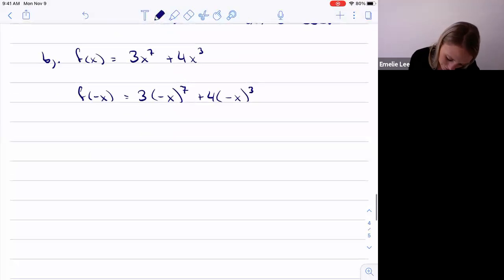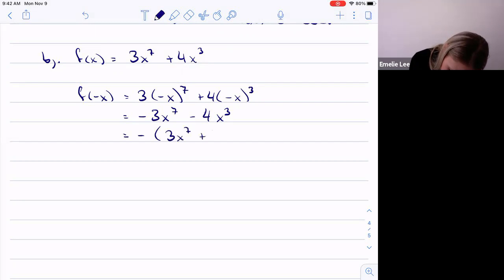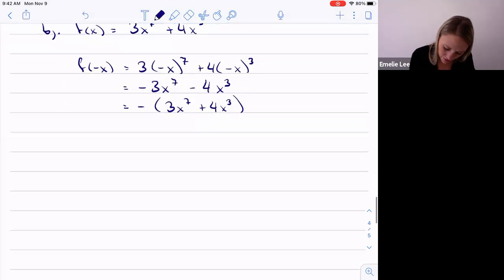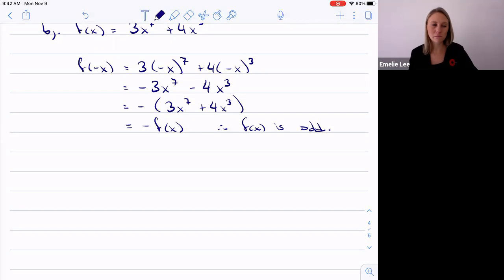So this becomes negative 3x to the 7, minus, because the negative gets brought outside, minus 4x to the 3. Now I'm going to pull out a common negative to make it look like negative f of x. Negative 3x to the 7 plus 4x to the 3, which is negative f of x. Therefore, f of x is odd. Okay.